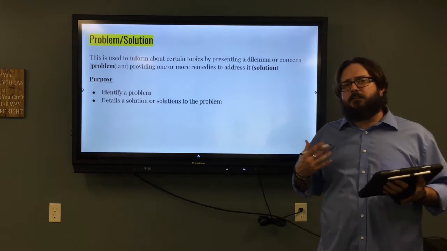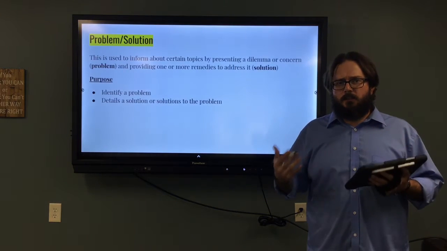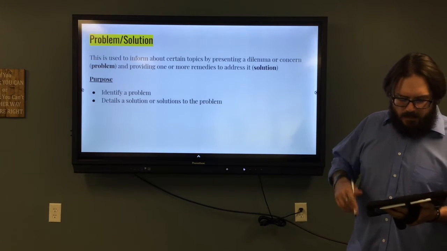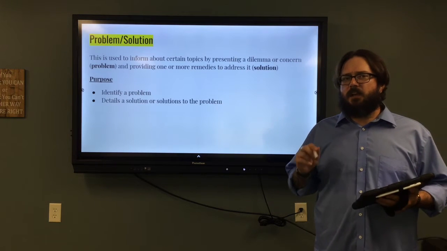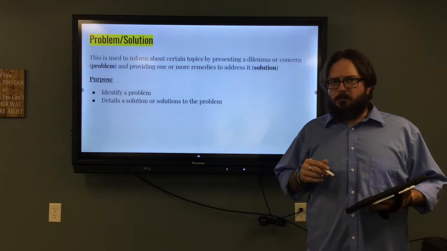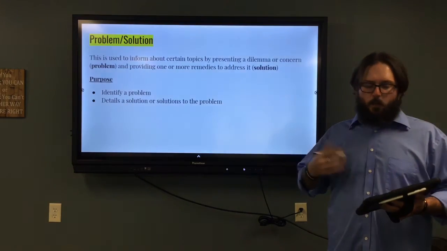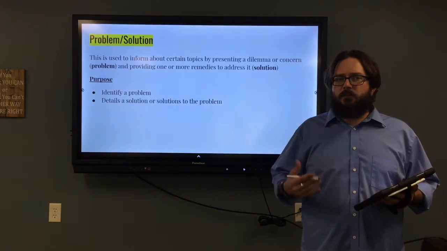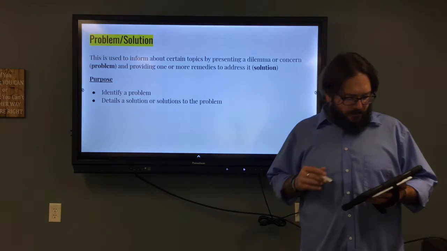Our fifth and final text structure is the problem-solution structure. This particular text structure is used to inform about certain topics by presenting them as a dilemma or concern, which would be a problem, and providing one or more remedies to address it, which would be the solution.